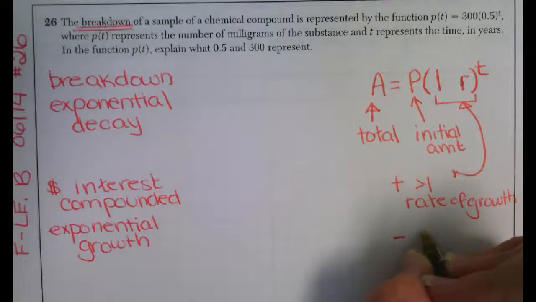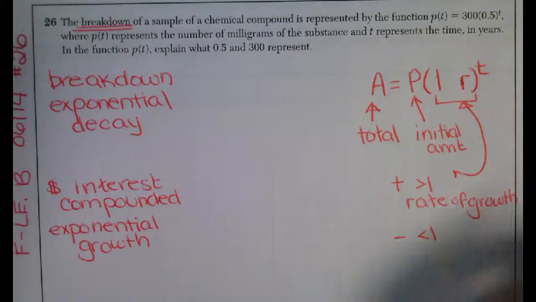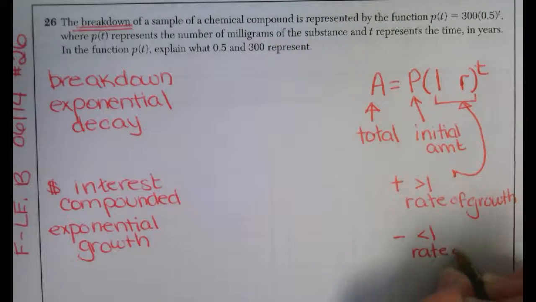If it's negative, or if the number is less than 1, that is going to be our rate of decay.